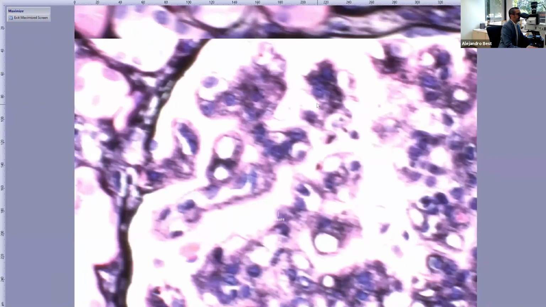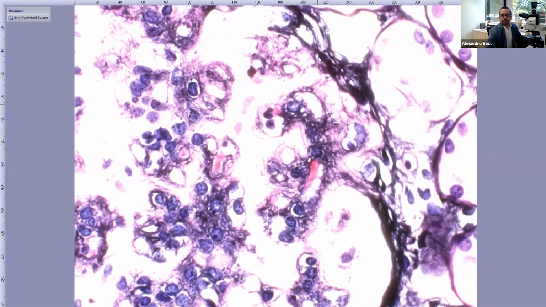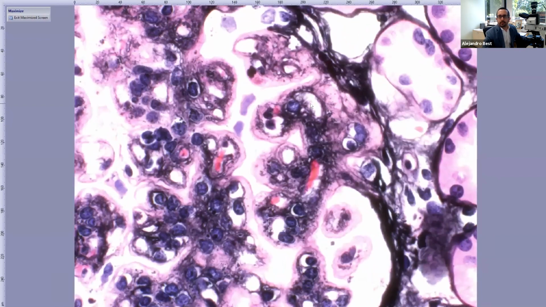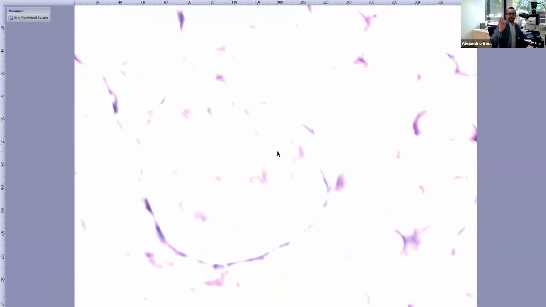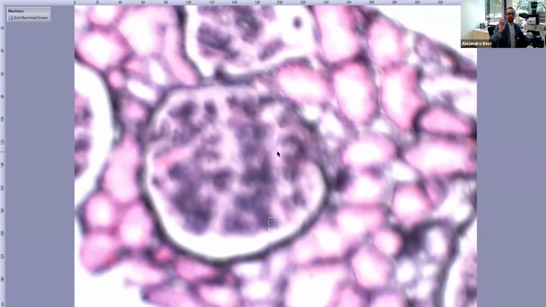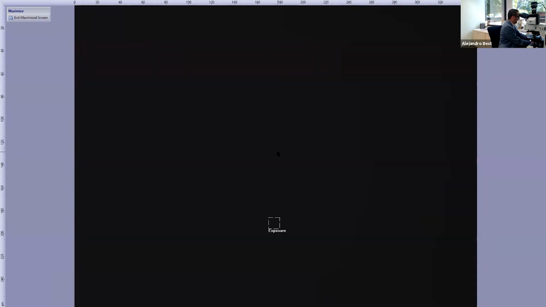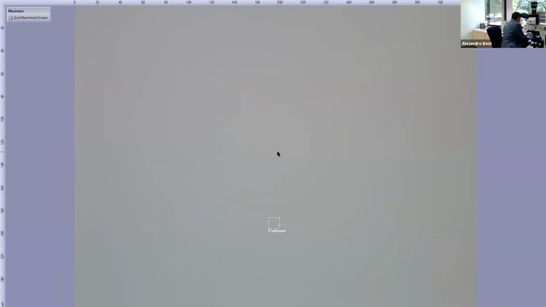I mean, they're everywhere. So we have areas like here or here where you see the double contour formation of the capillary loops. So we have an MPGN pattern of staining with a lot of deposits by light microscopy. Now let's go to the immunofluorescence.